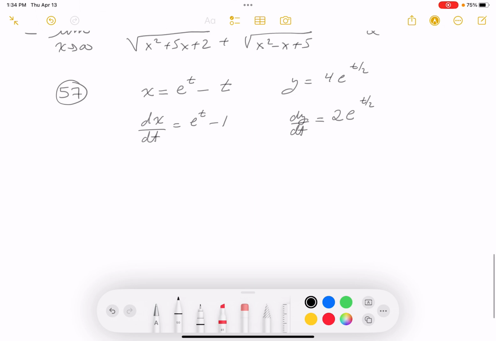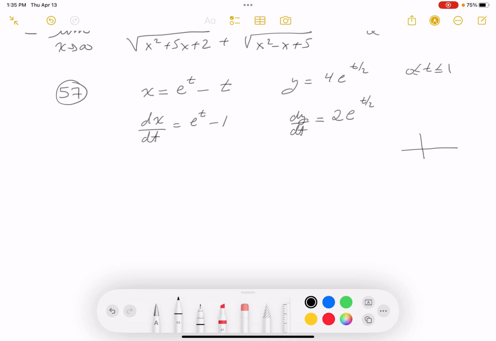Now, a couple of things I got to do with this. I got to set an integral up for surface area, and the t over here is between 0 and 1.